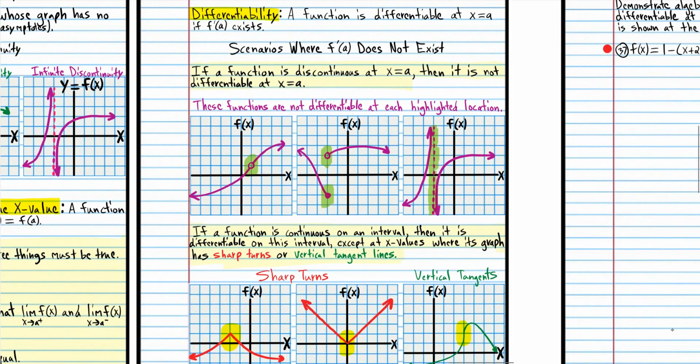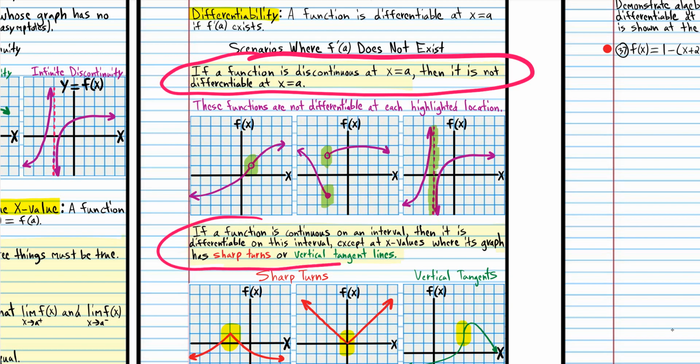So again, I know that this stuff is kind of complicated, but there's only two things that you really need to know based on what we just talked about. If a function is discontinuous at x equals a, then it is not differentiable at x equals a. If a function is discontinuous at some x value, you can't find the derivative at that x value.